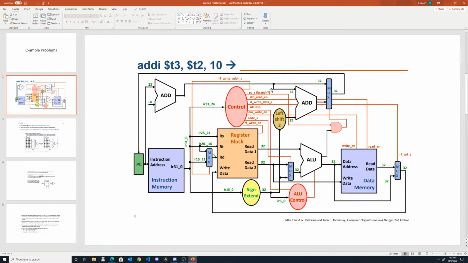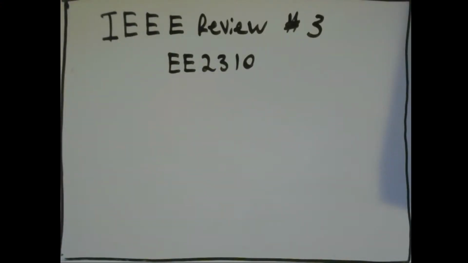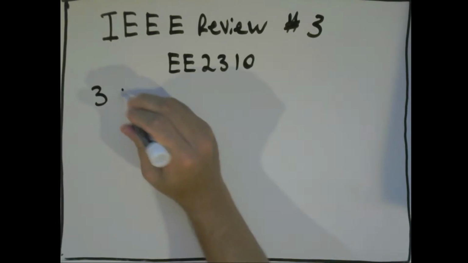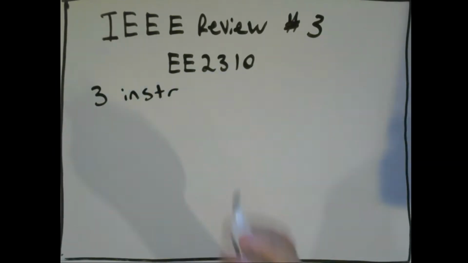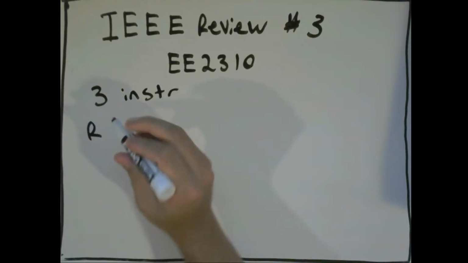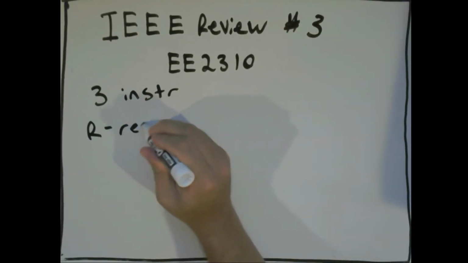All right, so let's go ahead and start working on this particular problem here. We have an add immediate instruction. And remember, in at least the MIPS machine, there are 3 types of instructions. We have what I would call R type, that's register.